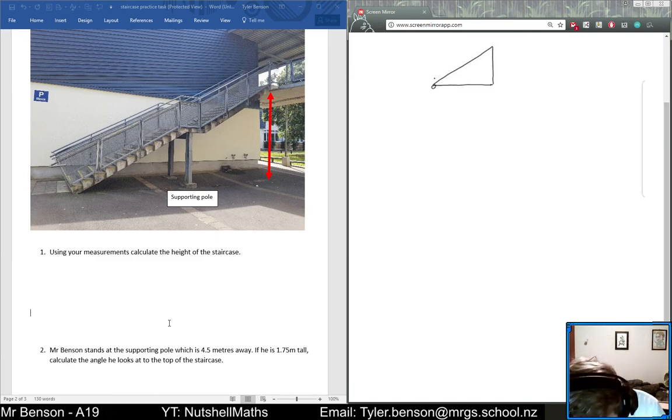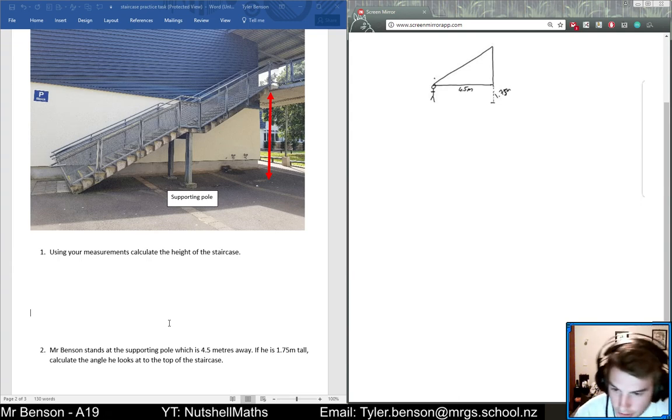So I'm going to draw me, standing here, and I'm 4.5 meters away. Now I'm going to do my dotted line. I'm 1.75 meters. I'm actually like 2.8 meters, but I thought I'd make it nice for you guys. Right. This is the angle we need to find out. Let's call this X.